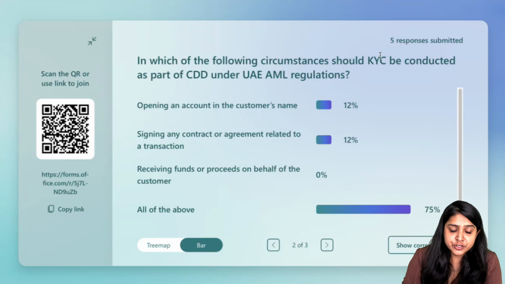Now this is a situation-based question. You have just joined a financial institution as the compliance officer. Management has asked you to strengthen the KYC process.